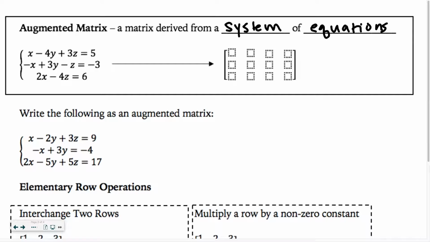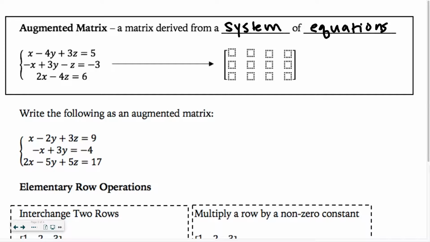What we're doing is taking the equations and changing them so that we no longer have all the x's, y's, and z's. It's going to look more numerical. A matrix is a nice way for us to organize numerical data. If this were my system, this one has 3 variables, 3 unknowns, so it has to have 3 equations.